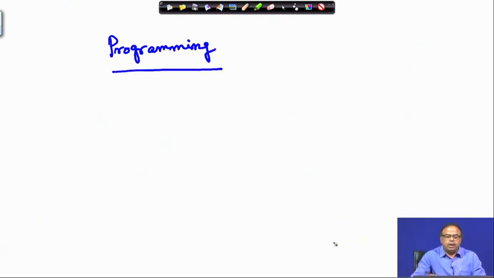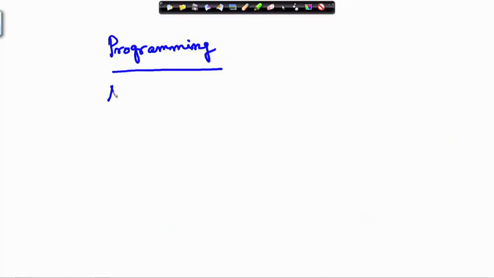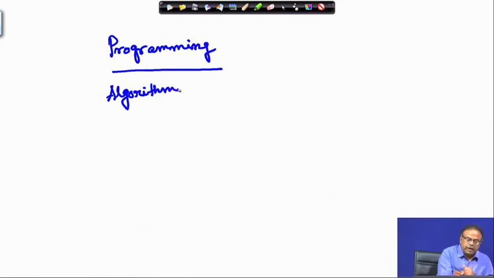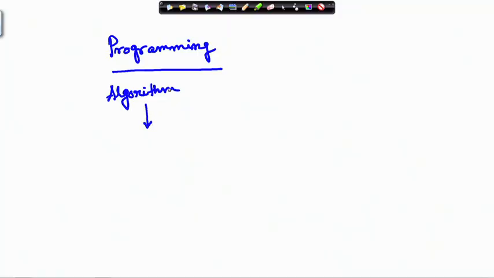We know by now that programming means we have to express our intention of solving a problem by executing a number of steps, and once again you know that by now we start with the algorithm, and that algorithm can be expressed in different ways like pseudocode or flowchart, and then the programmer actually writes them in some high level language.